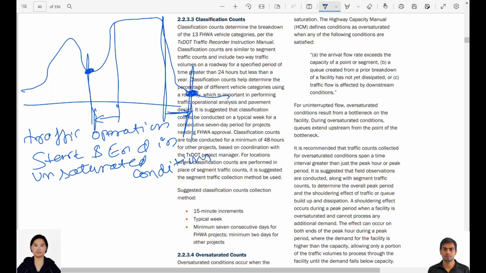Not free flow, but they are moving without much friction from other vehicles. Basically, unsaturated conditions is volume by capacity less than 1, when they are moving at, I would say, within 60% of the speed limit.